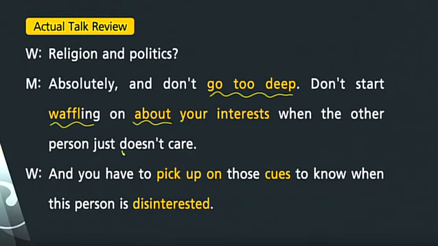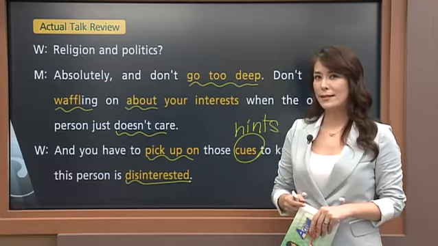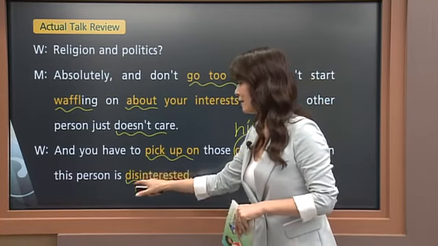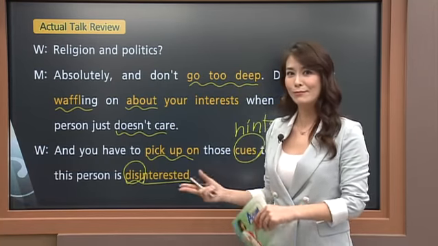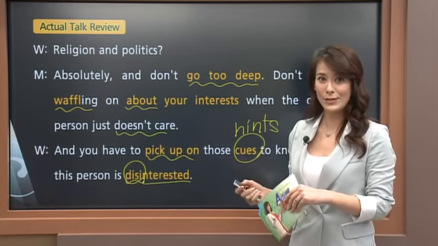interested. They don't care. Rachel says, and you have to pick up on those cues, meaning hints, okay? Cues, meaning hints. So be very fast in catching those hints to know when the person is disinterested. Very easy word, disinterested. Dis itself means not, so disinterested means not interested.